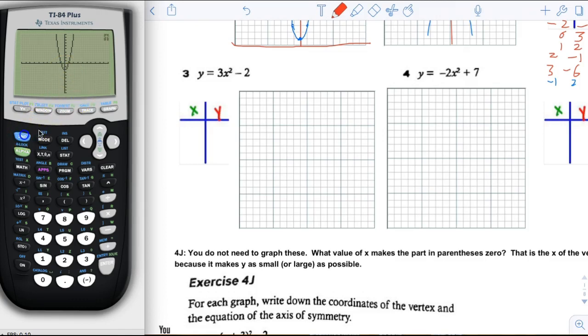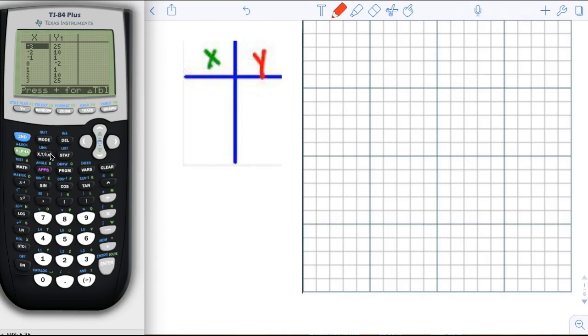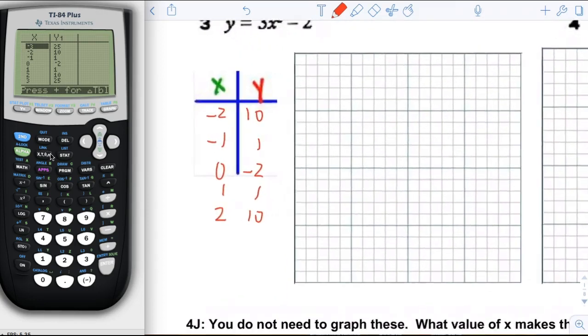Now let's go to the second table and write some of these values down. So the vertex appears to be 0, -2. We got 1, 1. We got 2, 10. We got -1, 1. And we got -2, 10. So let's graph some of those.